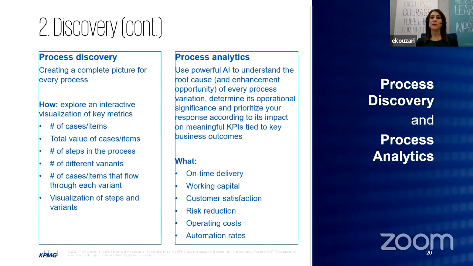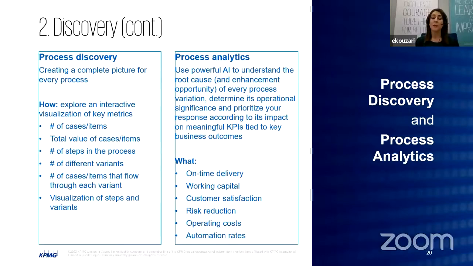We can see the total value of cases and items, either financially or in volume. For example, let's say we are analyzing 1 million events that correspond to 300,000 cases. So we can get an idea of the depth of the analysis that we are performing.